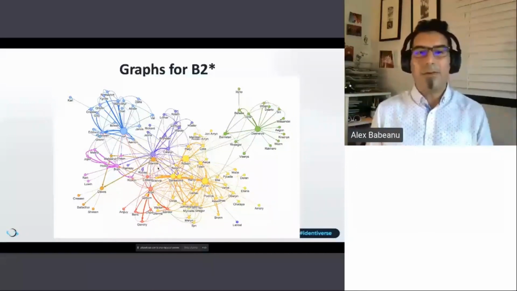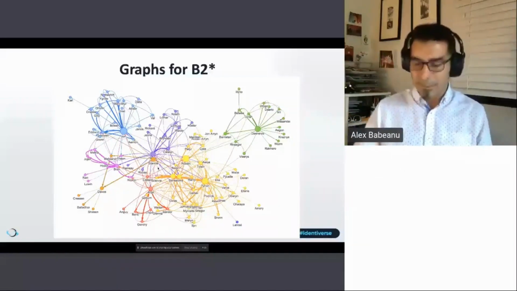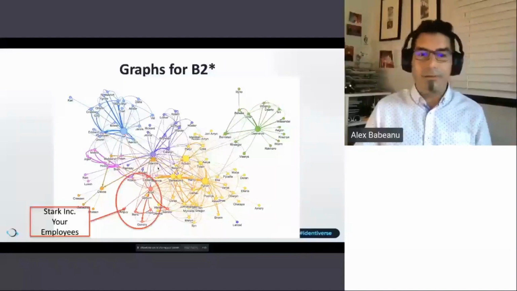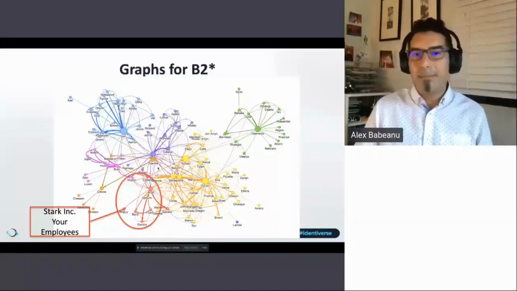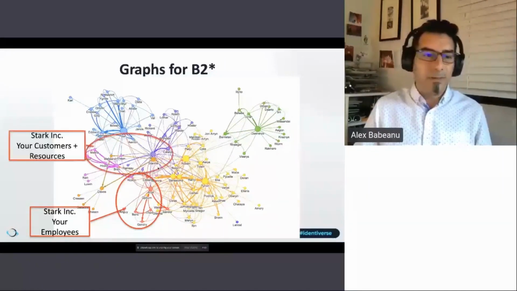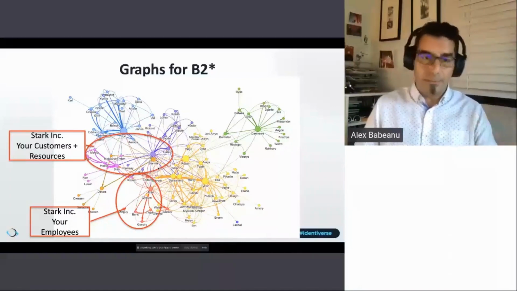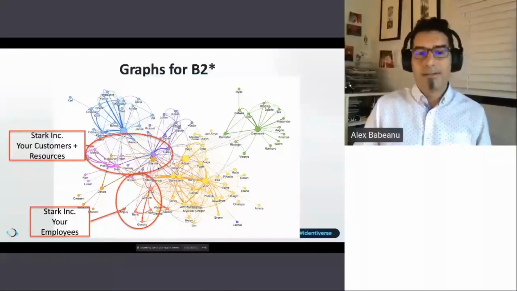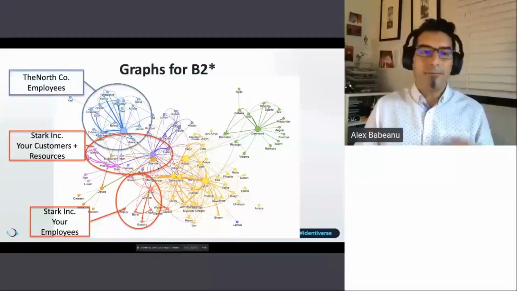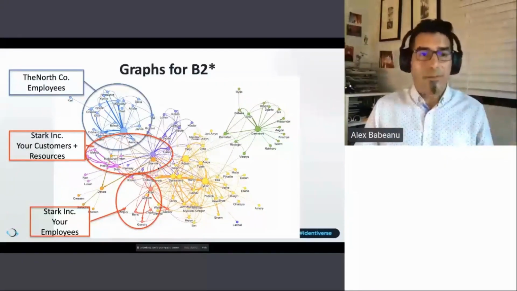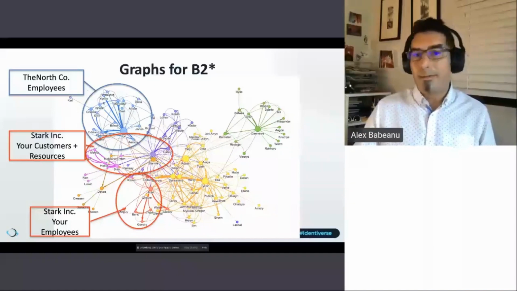Now, let's stretch our imagination a little bit and imagine that this graph represents our B2 Star environment. So for instance, we are down here, we are Stark Incorporated, and this is our employees. Over here, we have our customers as well as our resources that we're trying to protect and expose to some of our clients. Great. Over here, we have our first partner company called the North Co, and this is their employees.